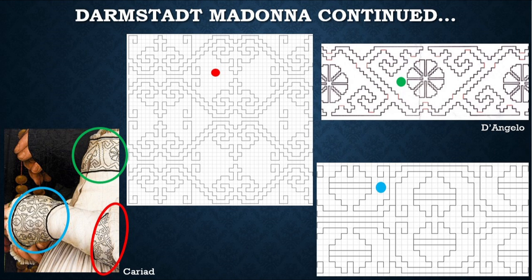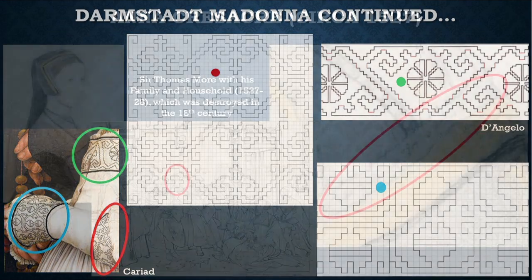The pattern in blue are the cuffs, and the pattern in green is what is on the body of her dress. That is one of the things that makes Holbein stand out from other artists at this time: his detail work is so intricate that we can see the patterns and recreate the patterns today.